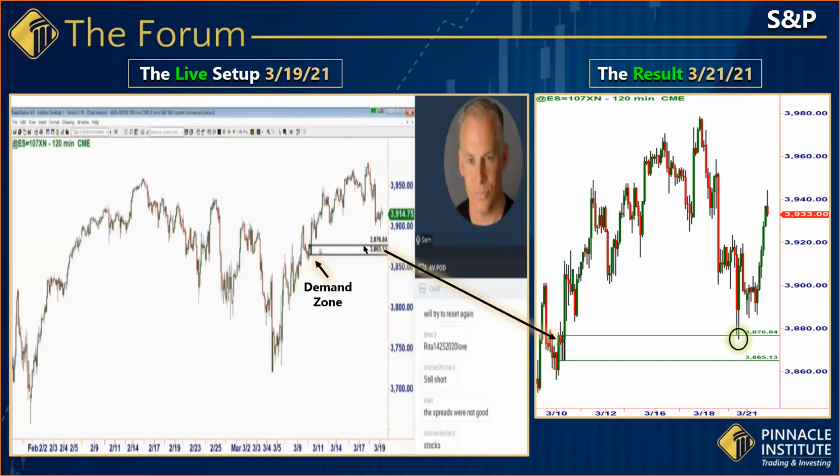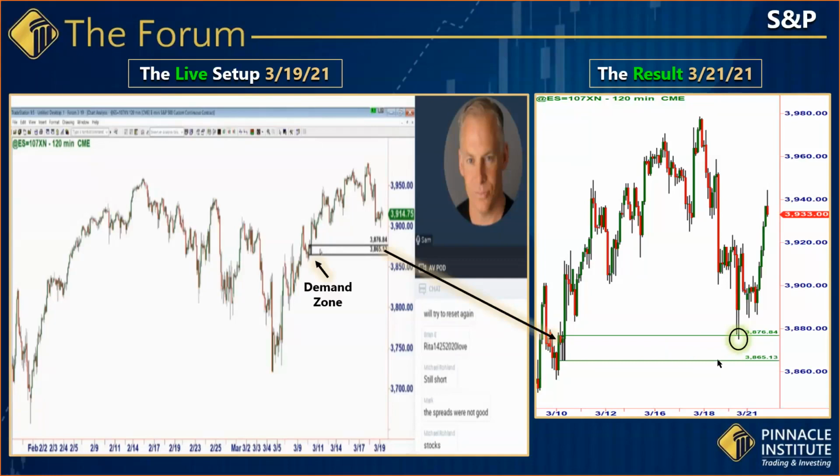Last week we had a demand zone down here in the S&P. Sunday evening when the futures markets opened, the S&P came down to our demand zone and rallied, right? Remember, competition to buy at demand pushes price higher.